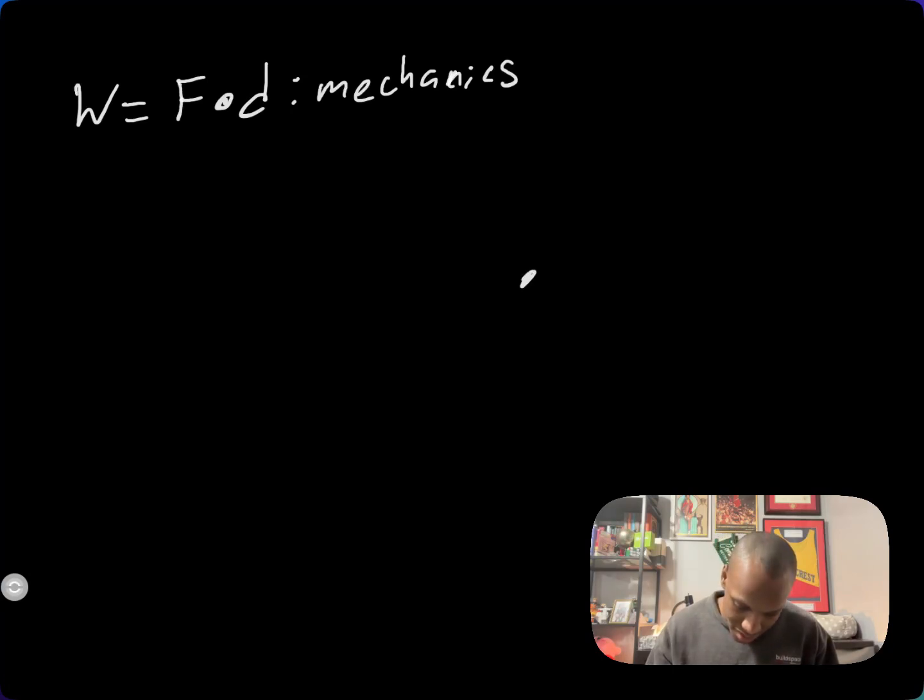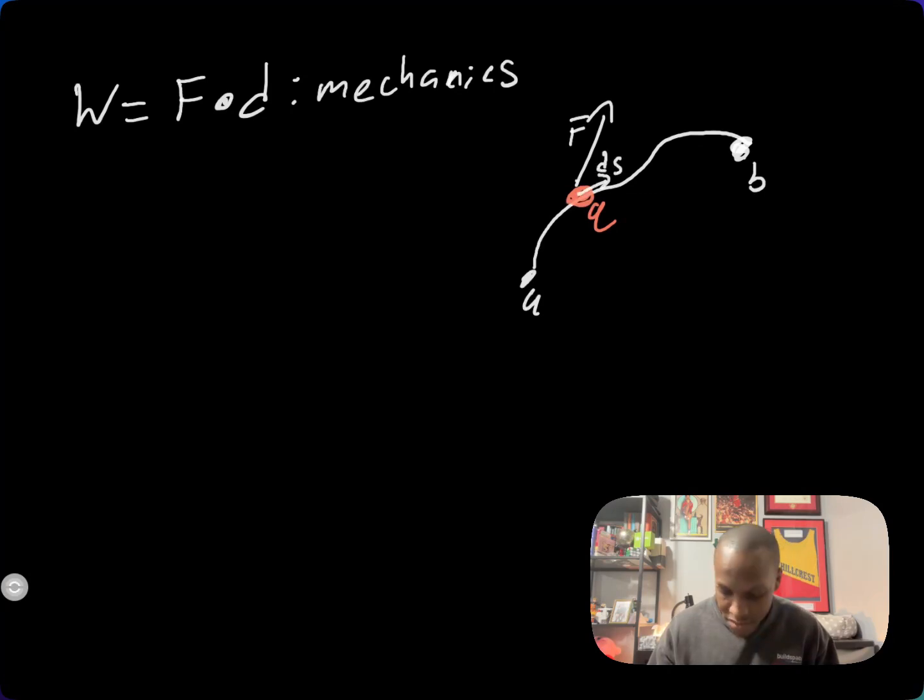Let's say we have 2 points in space, point A and point B, and we want to move a charge along some path from point A to point B. Let's say we have the charge Q, and we apply some force F, and this is our displacement vector ds.